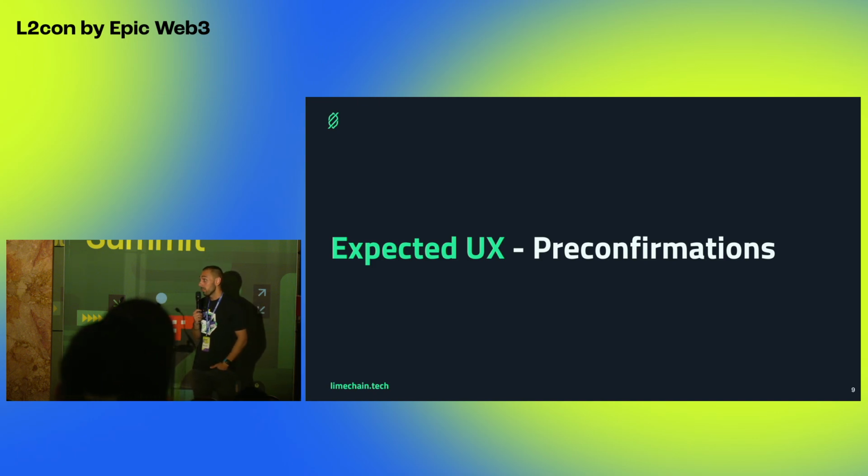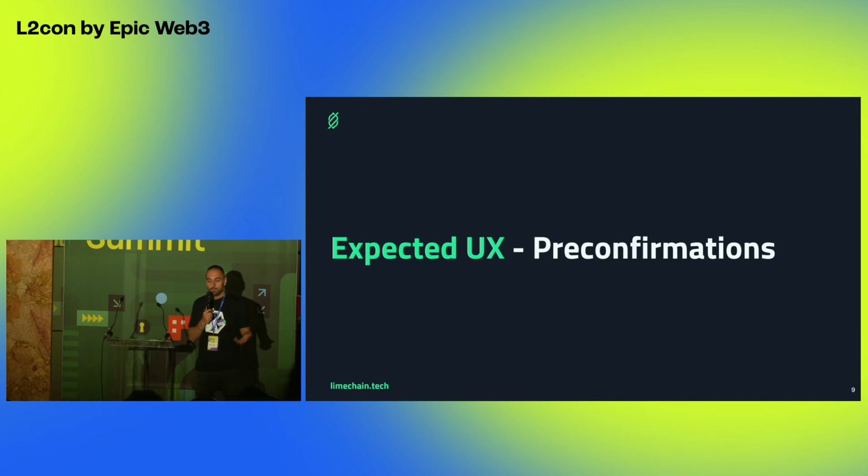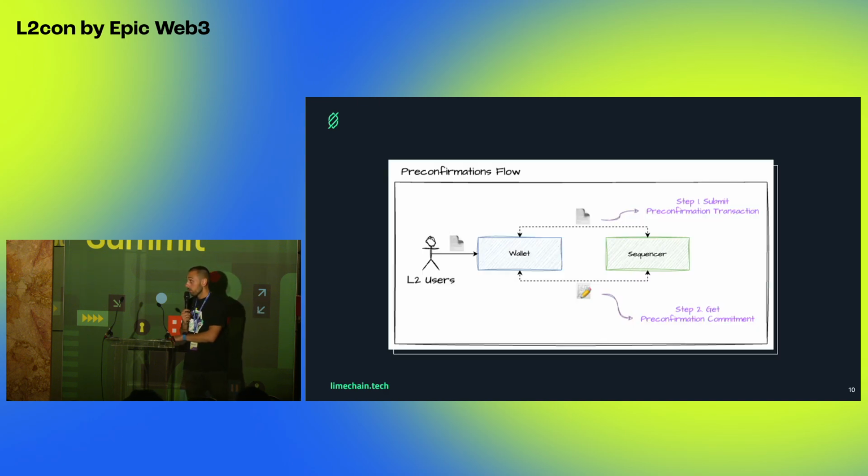But the more important message here, I guess, is that you need pre-confirmations because users expect them. They want to be able to know within a matter of hundreds of milliseconds that their transaction is going to go through, and ideally what the result of their transaction is going to be. So we actually designed this inside the system.